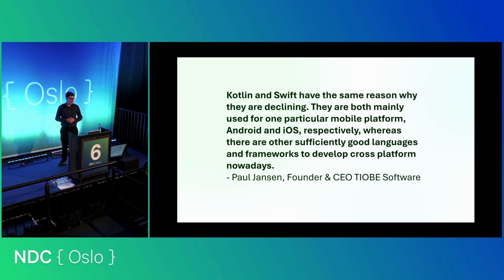He mentions that Kotlin and Swift, so the native mobile platforms, are declining in popularity, and they are being replaced by cross-platform frameworks because those are getting better than they used to be, to the point where it's no longer needed to write native apps.